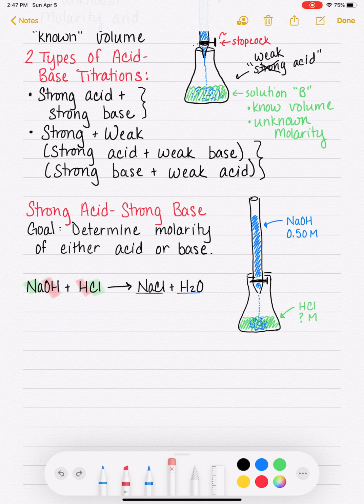We are going to add sodium hydroxide from the burette into the flask until we have completed this chemical reaction.